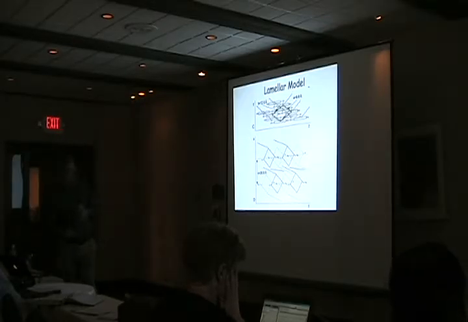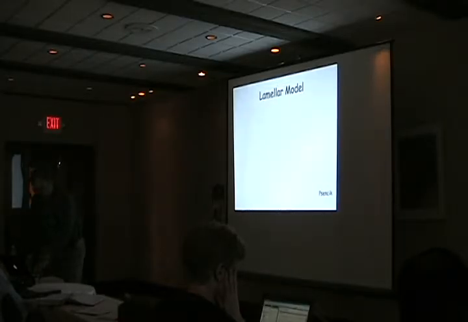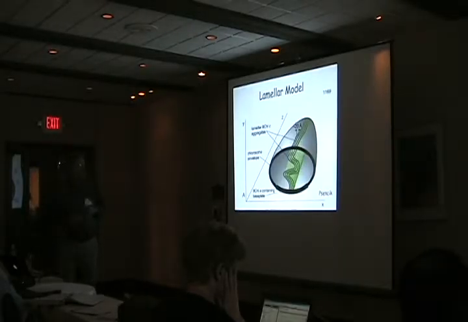They've produced another model that incorporates some of these experimentally derived features, called the lamellar model. Instead of having these tubes that run the length of the complex, they propose undulating lamellae that contain the aggregated pigments.